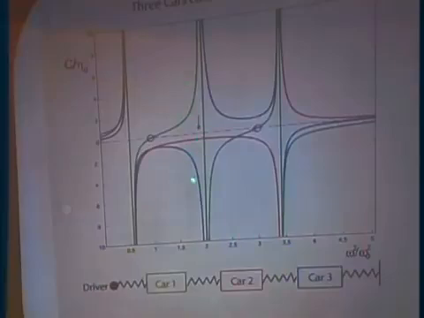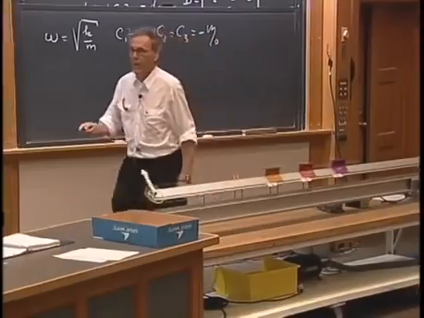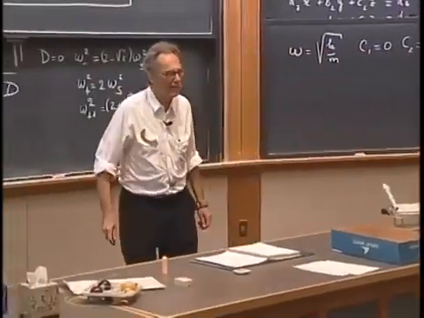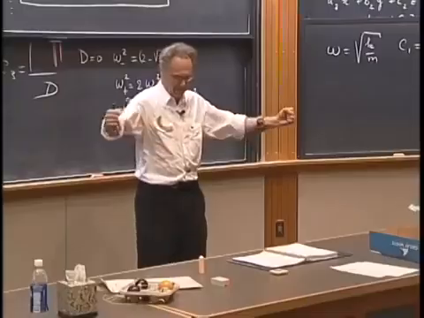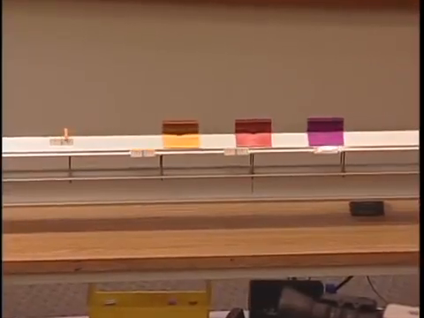You get a huge amplitude of C1 and C3. But look what C2 is going to do. C2 is going to have an amplitude which you and I may have thought is 0. Namely, the outer ones do this and the middle ones stand still.